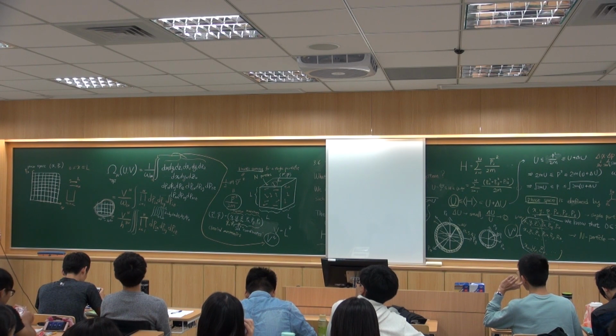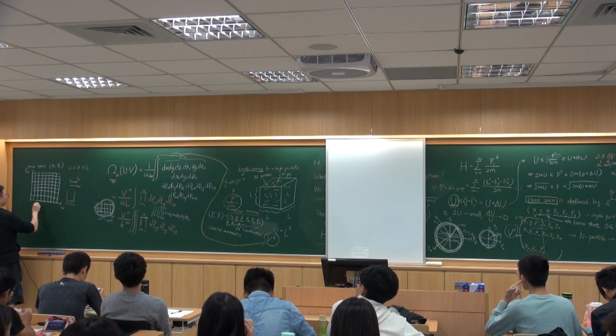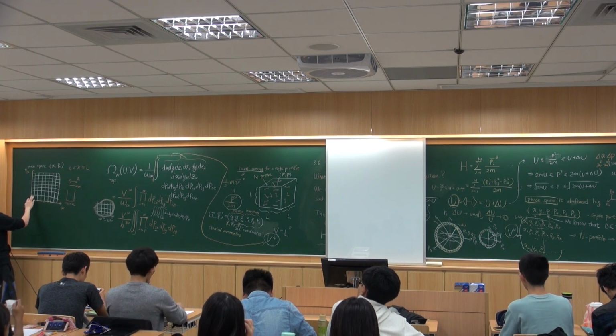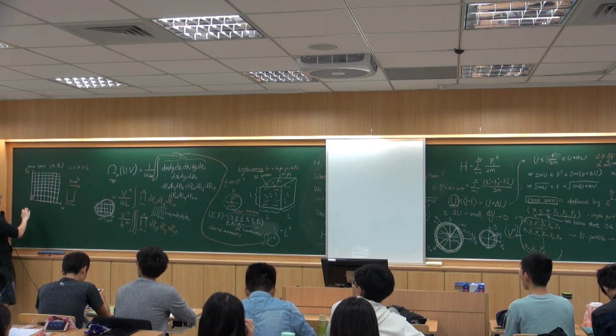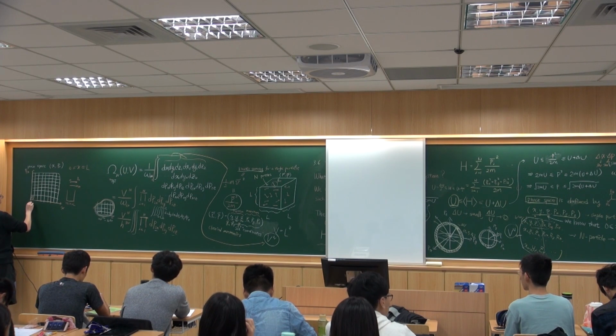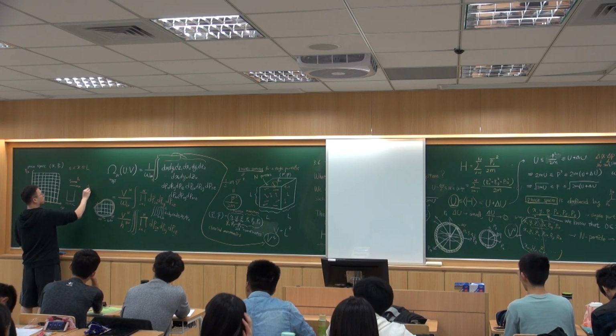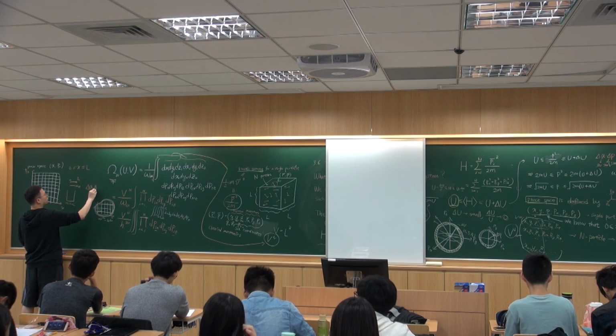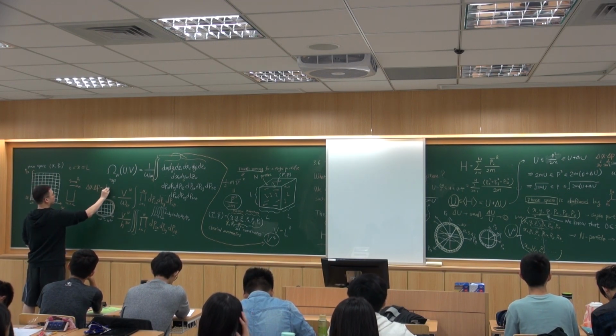And through the uncertainty principle, we know that the smallest unit for this lattice of phase space is defined by the uncertainty principle.